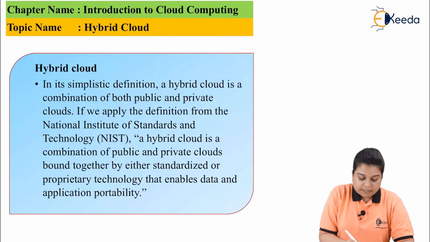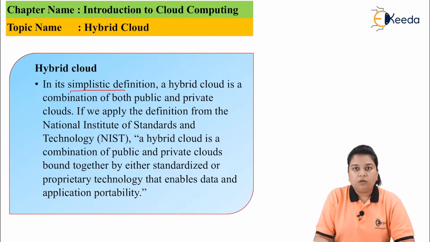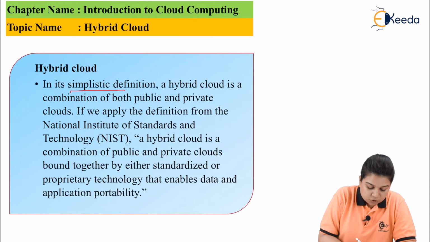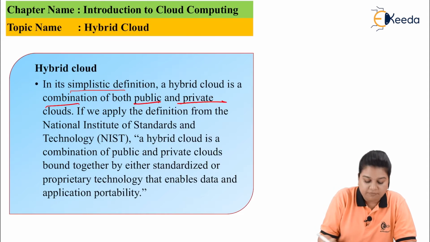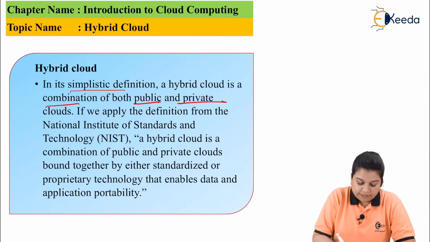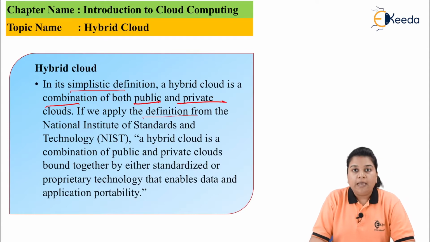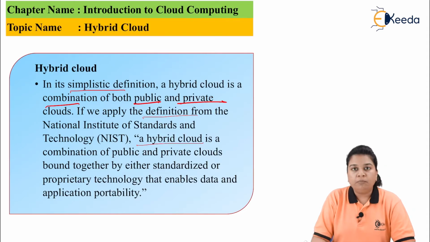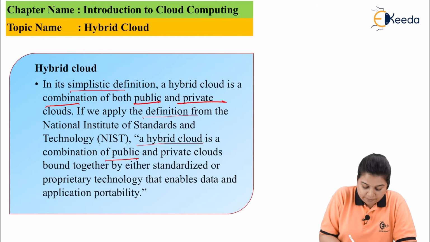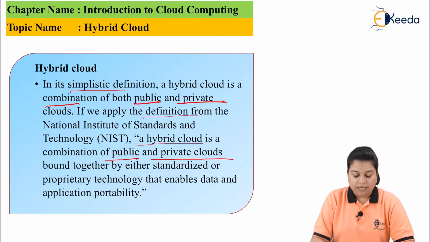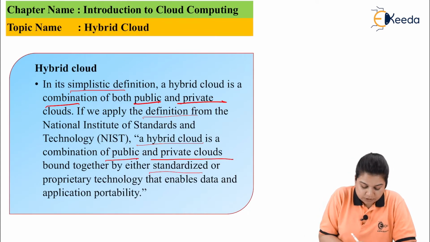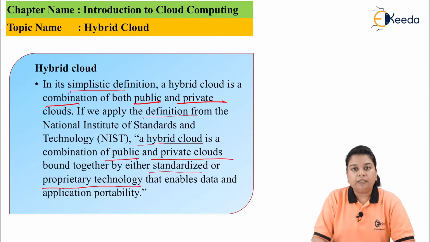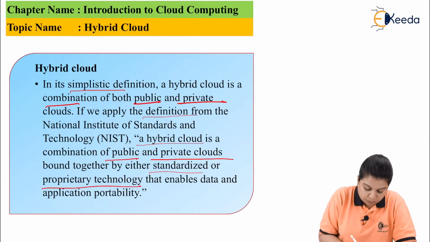Hybrid cloud, in its simplistic definition, is a combination of both public and private clouds. If we apply the definition from the NIST, that is National Institute of Standards and Technology, a hybrid cloud is a combination of public and private clouds bound together by either standardized or proprietary technology that enables data and application portability.